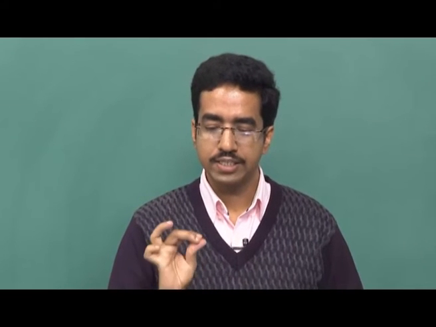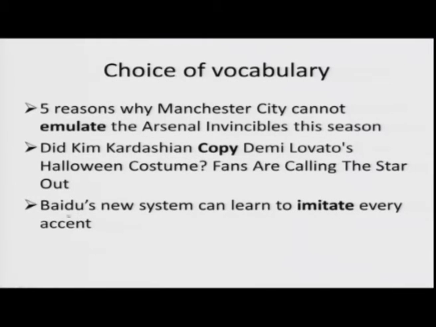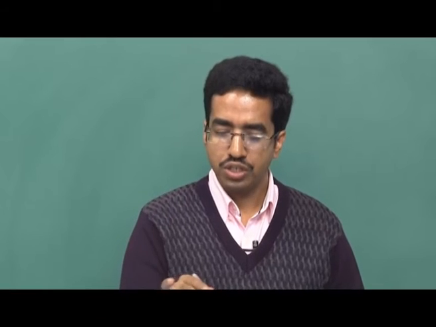So, here this is something undesirable. So, look at the stark contrast between emulate and copy here. The third sentence, imitate, this has been used in the context of artificial intelligence, and therefore, here it takes a different sense altogether. Probably using the word copy here would sound inappropriate. So, the choice of word very clearly matters a lot.